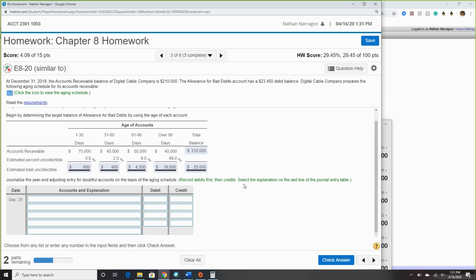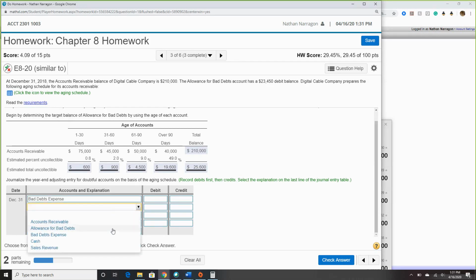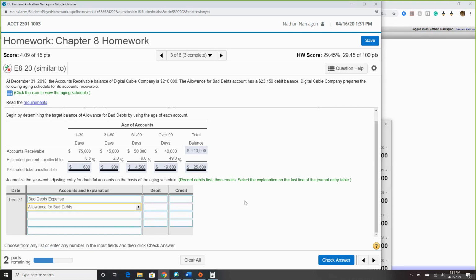Next, we're going to have to journalize the year-end adjusted entry for doubtful accounts. Okay, so again, adjustment is still the same. Bad debt expense, allowance for bad debt, but remember, this is a receivable. This is our ending balance. So we have to look up here and watch this.